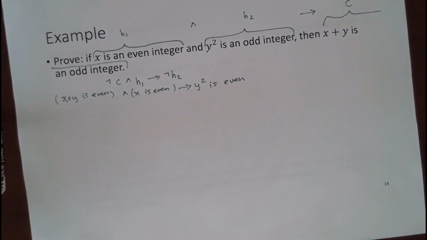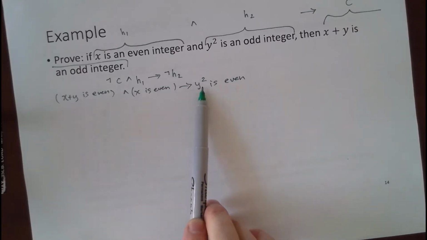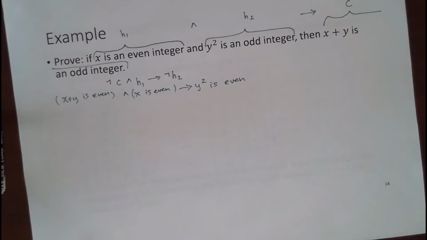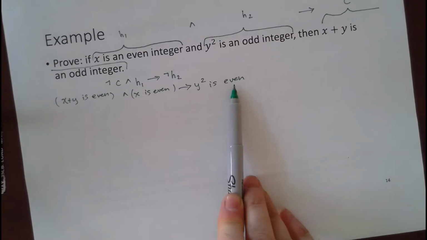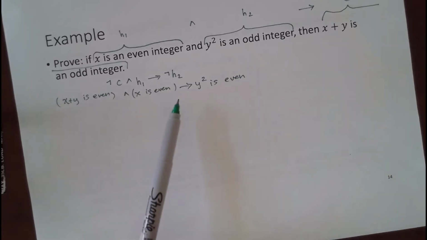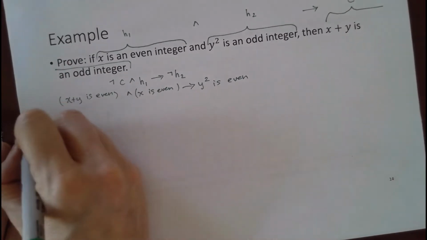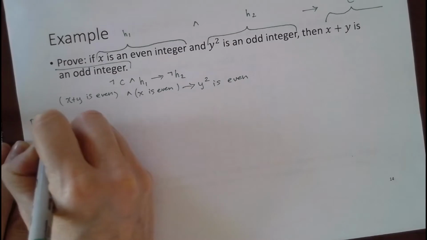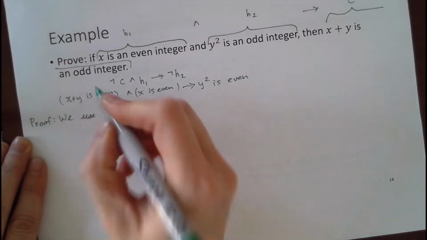And that looks much easier to do, right? So we know something about x, we know something about the sum of x and y, and now we need to reason about y squared. Okay. So if we can prove this one, that is a proof by contrapositive, and it is equivalent to proving the original statement that they asked for. So that is our goal. That's what we're going to try here. Okay. So we use a proof by contrapositive.